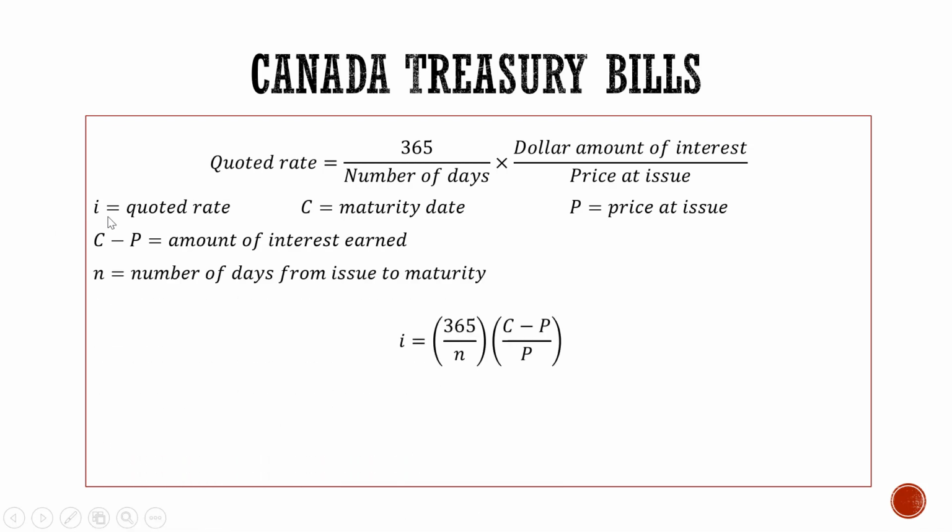So i is 365 over N times (C minus P) over P. And the price P is equal to C over (1 plus N over 365 times i). So that's how the interest rates under the Treasury bills are quoted.